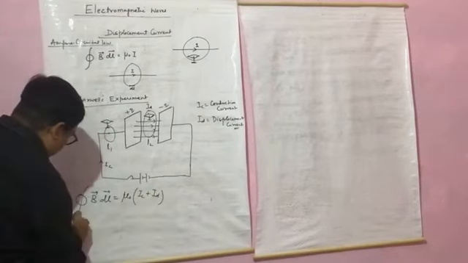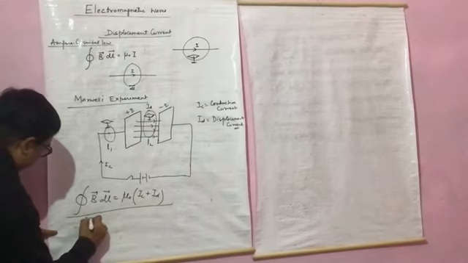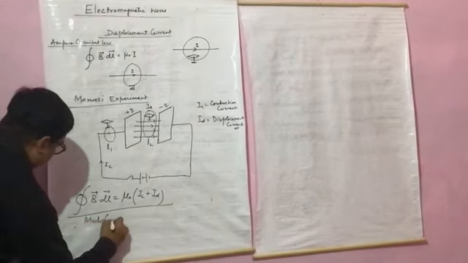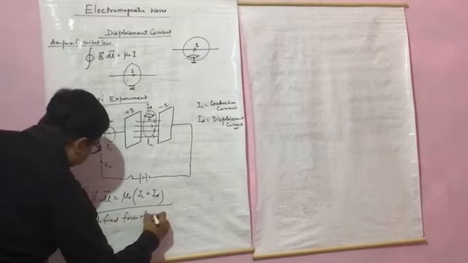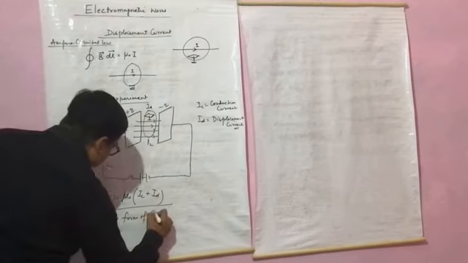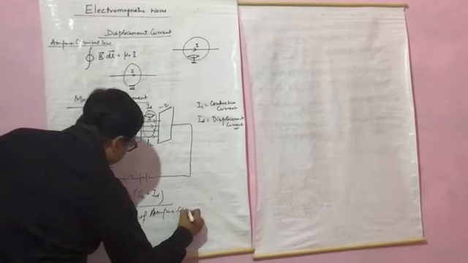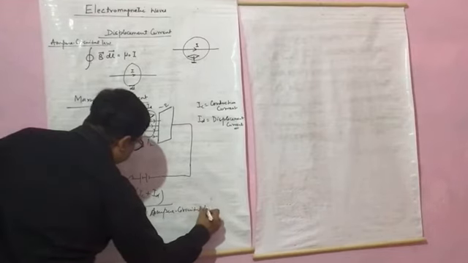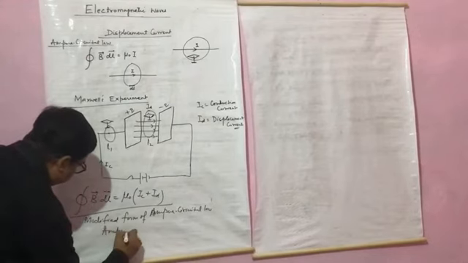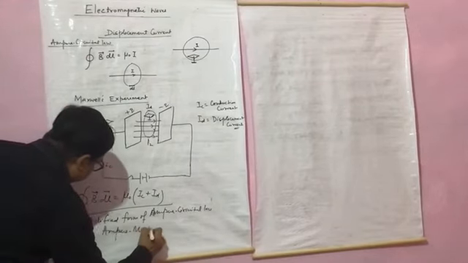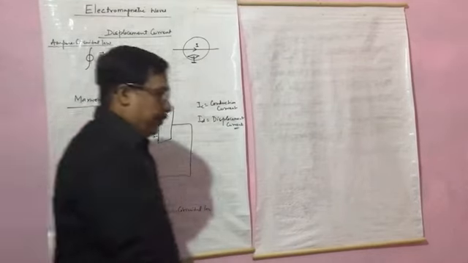So this is the modified form of Ampere circuital law, also called the Ampere-Maxwell law.